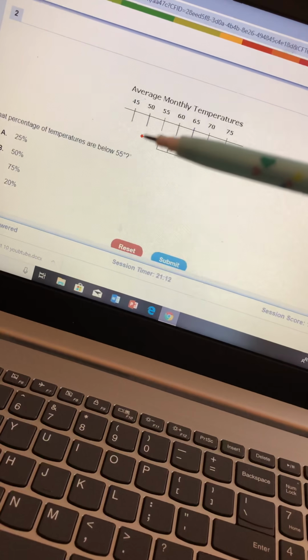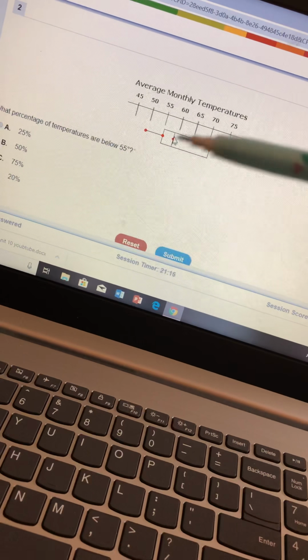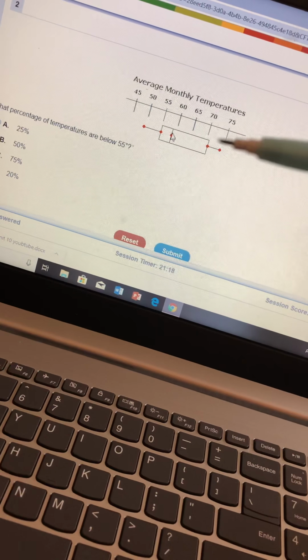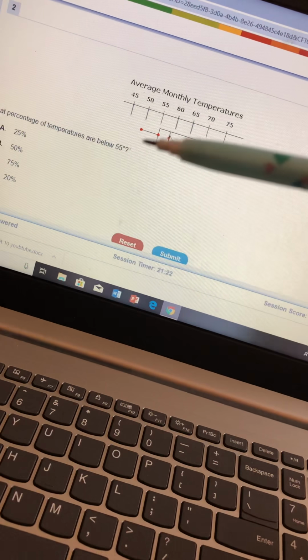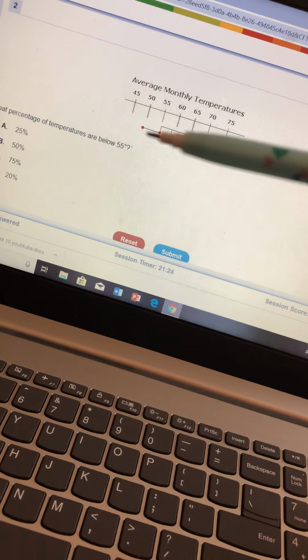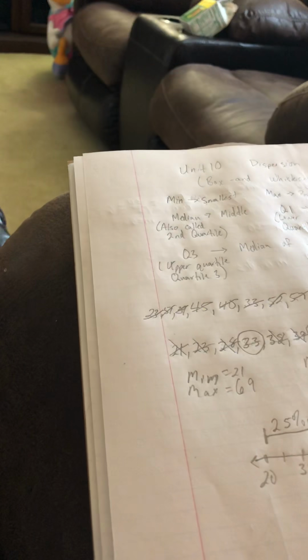So between each dot, that's 25%, that's 25%, that's 25%, and that's 25%. So lower than 55 is only from one dot to the next, so that must be 25% of your data. I'm so good at this.